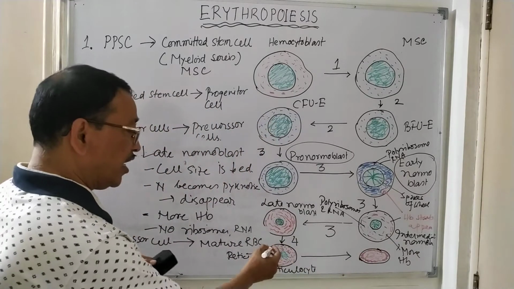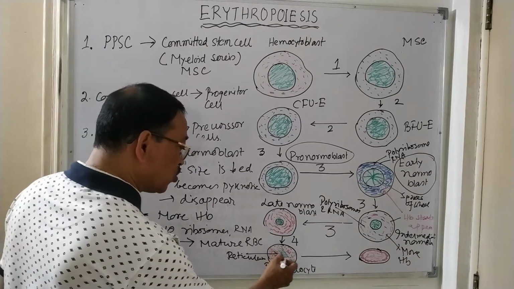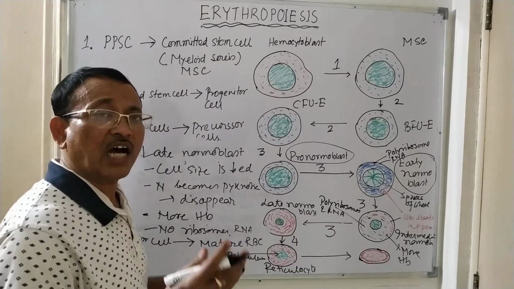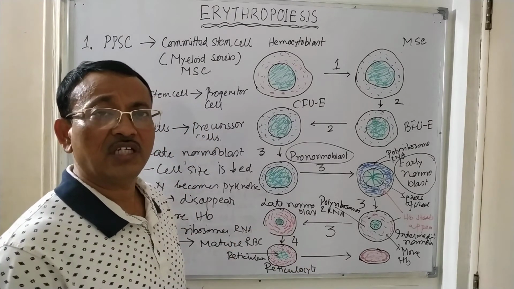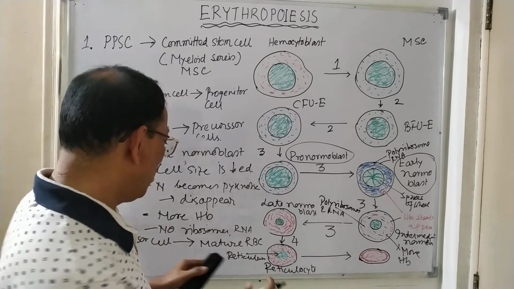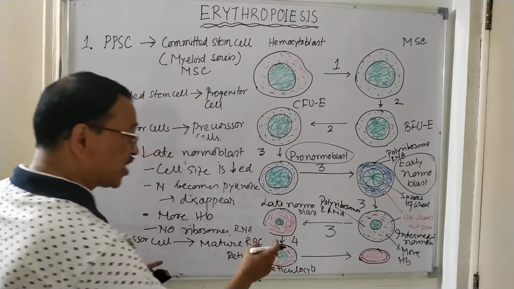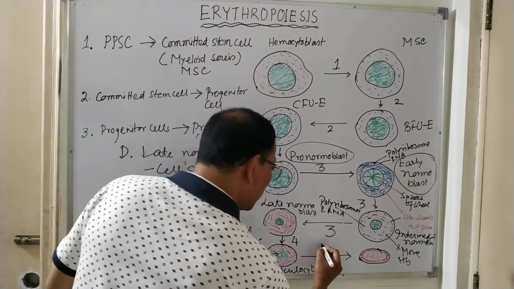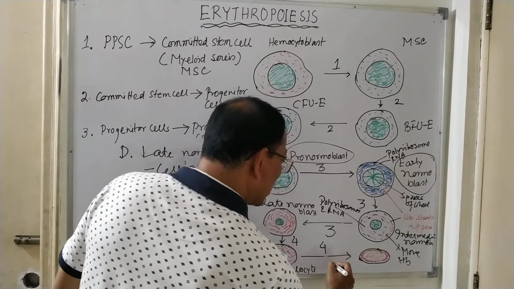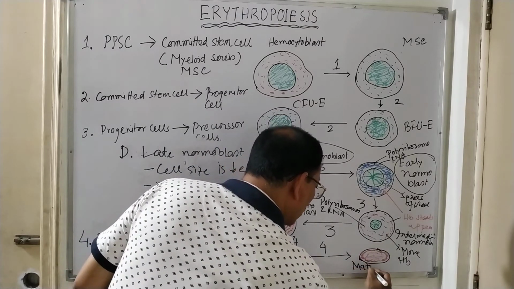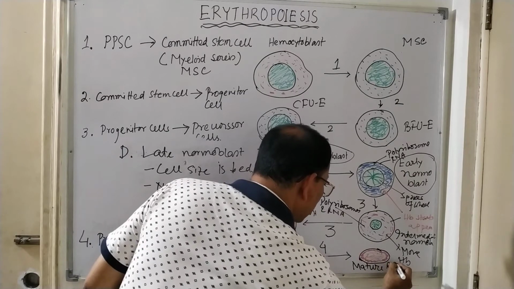They give a network-shaped appearance, and that is why these cells are known as reticulocytes, which are also known as juvenile RBCs. So from the precursor cell, first the juvenile RBC or reticulocyte is formed, which ultimately differentiates to the mature RBC. This is the mature RBC.